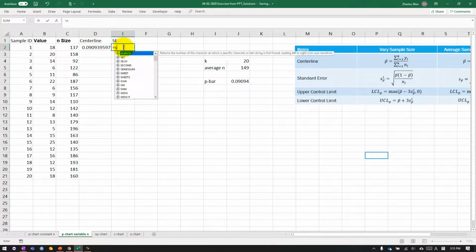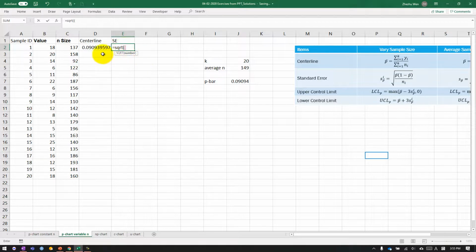Okay, I'm sorry. Square root of P multiplied by 1 minus P, divided by sample size n. So this is the standard deviation for this particular group, okay?